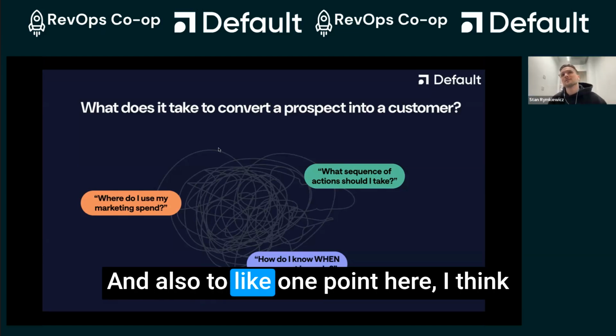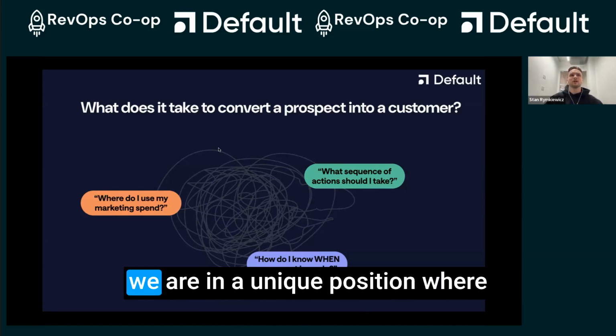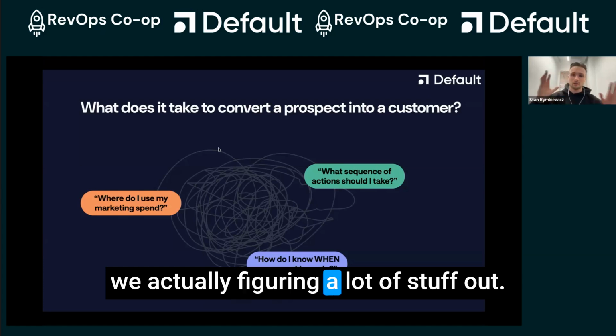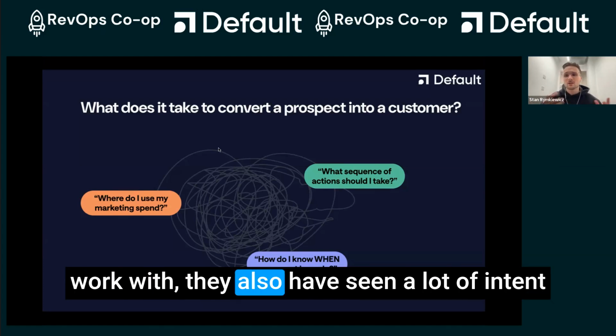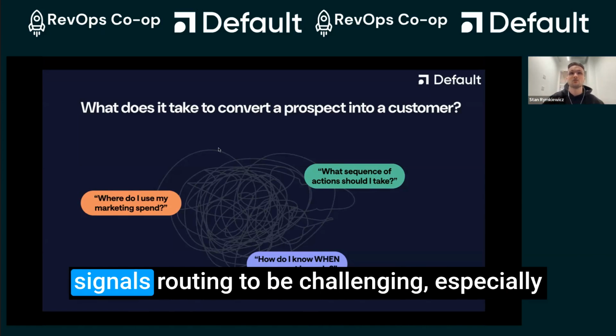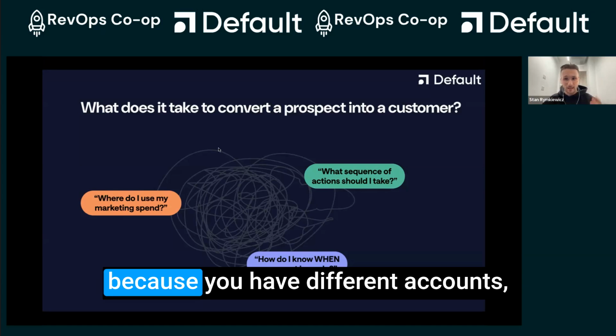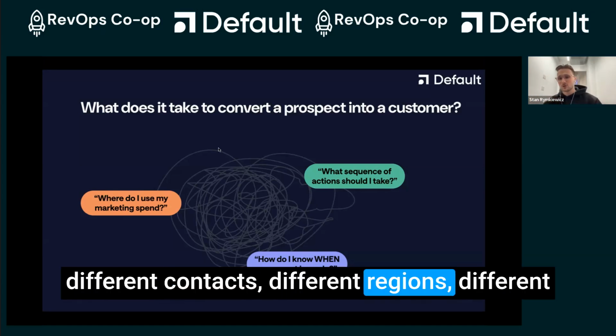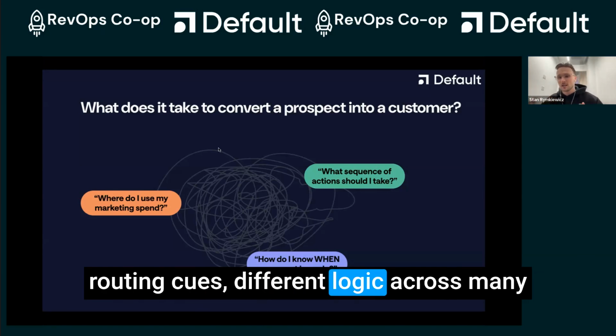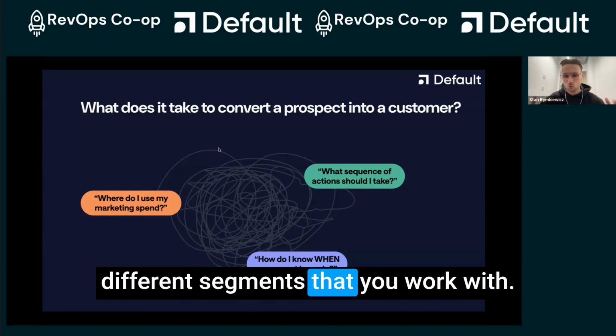Yeah, and also one point here, I think we are in a unique position where we are actually figuring a lot of stuff out. However, even larger organizations that we work with have also seen intent signal routing to be challenging, especially because you have different accounts, different contacts, different regions, different routing queues, different logic across many different segments that you work with.